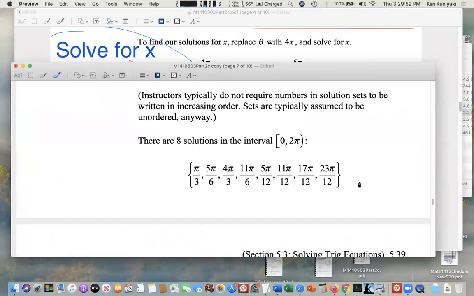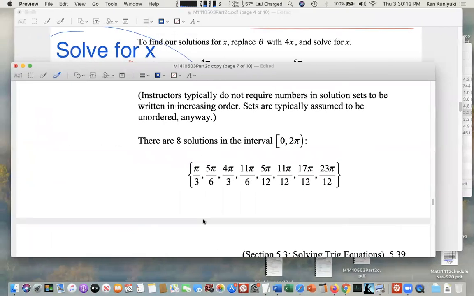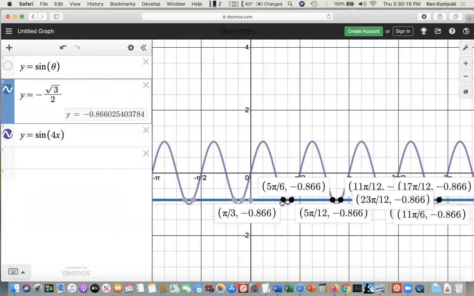The 4 from group 1 are the ones on the downswing. So 4 pi over 3 went to pi over 3, and also 5 pi over 12 and 2 others. Oh, wait, hold on, not 5 pi over 12, sorry. It's pi over 3, and then the 5 pi over 6 is over here.